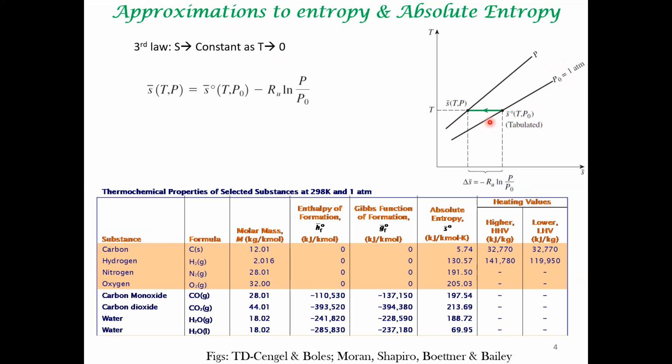You may want entropy at a higher pressure, for example. Again, we use an ideal gas approximation and get the entropy at the temperature and pressure of interest using this tabulated value. By now you should know how to go from a TdS relationship to tabulated values, and how, if you use the ideal gas approximation, you get this term.